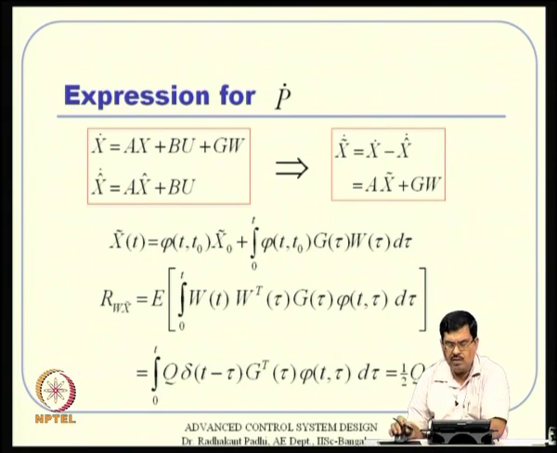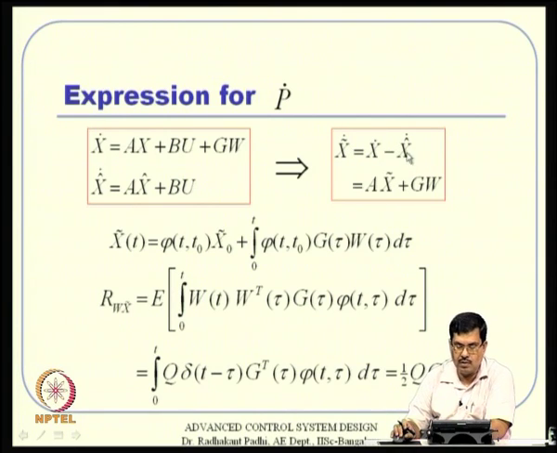This can be derived rather easily. If you see this expression for P dot, x dot is given like that, x hat is given like that. x hat dot is the prediction part, and remember that there is no noise in that. Now the error definition and error dynamics: x tilde is x minus x hat, so x tilde dot is x dot minus x hat dot. If I just take the difference between the two, Bu goes, and I am left with A times x minus x hat, which is x tilde, plus Gw.